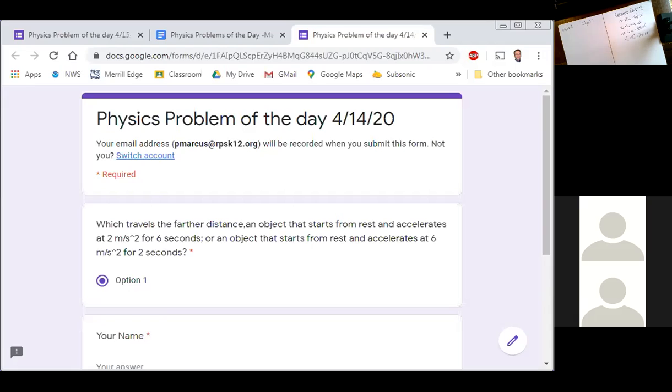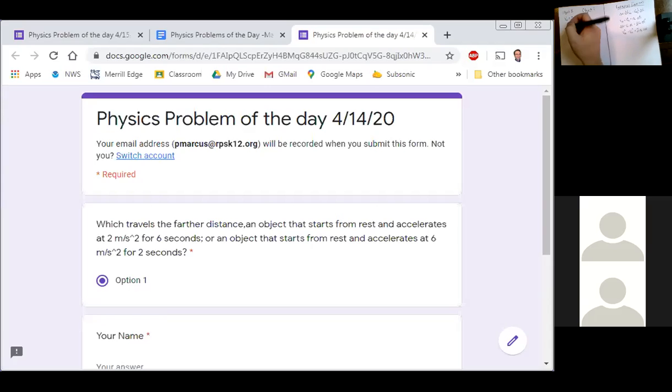Right, the first object there, the one that starts from rest and accelerates at 2 meters per second squared for 6 seconds. We know they both start from rest, so I'll put that the Vxi equals 0. So object 1, what are the givens for object 1? 2 meters a second for 6 seconds. Yeah. And it starts from rest, so 0. Okay, so 2 meters per second squared.